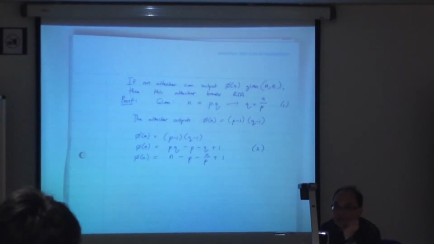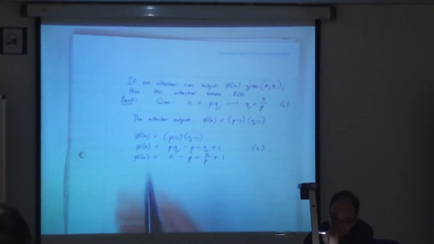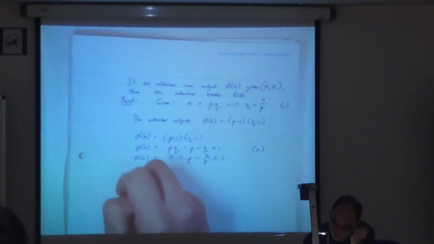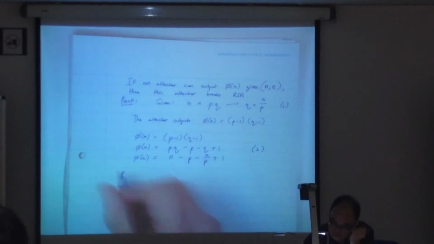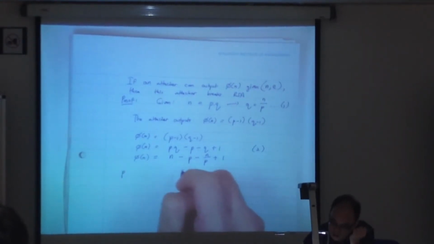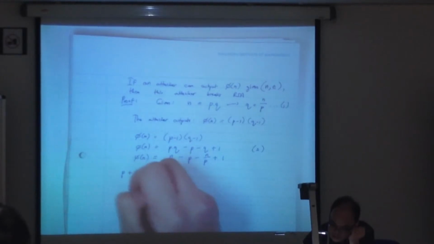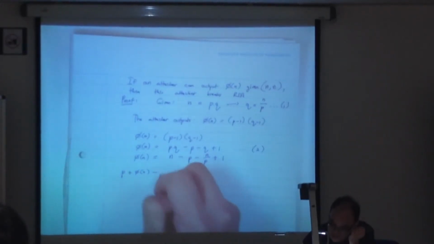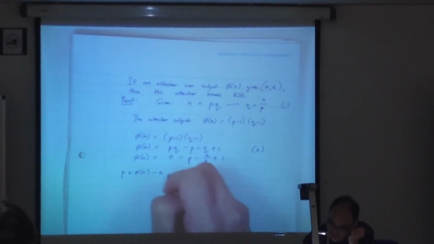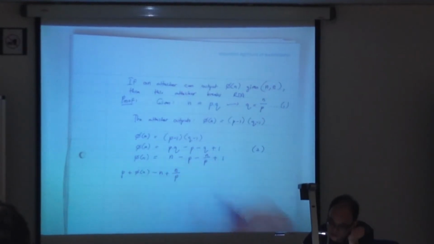Then I will move everything to the left, so I can get p moved to the left, plus phi n minus n, plus n over p minus 1 equals 0.